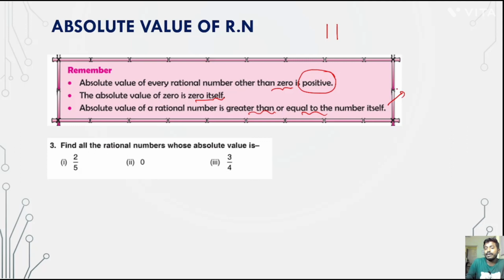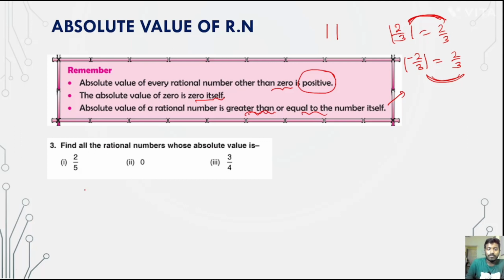What is the meaning? Suppose the absolute value of 2 by 3 is 2 by 3. But the absolute value of minus 2 by 3 is only 2 by 3. Means in this case the absolute values are equal, but in this case the absolute value is greater. That's why the absolute value of any rational number is either greater than or equal to.